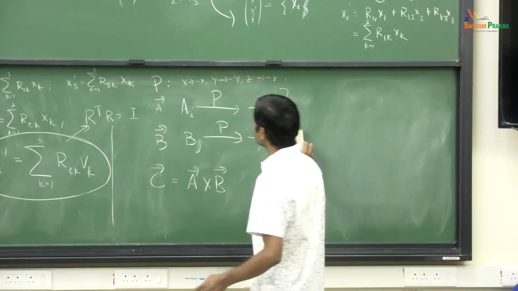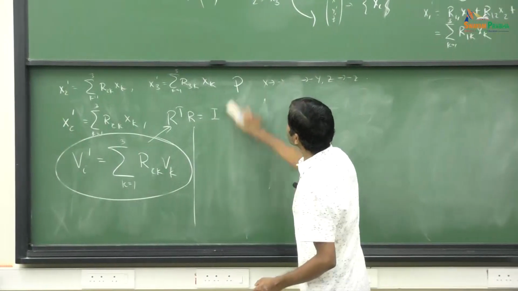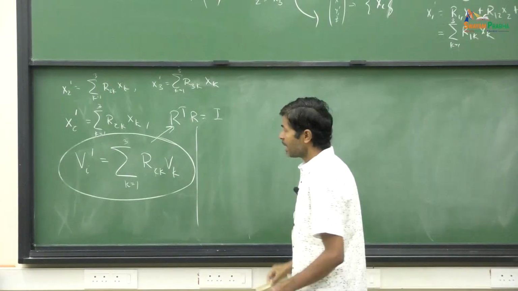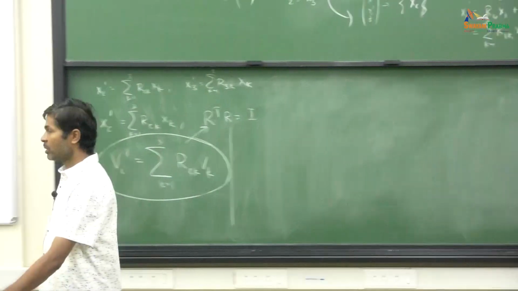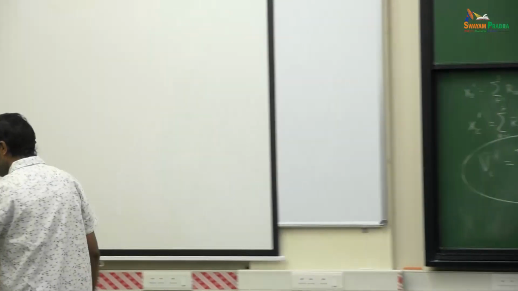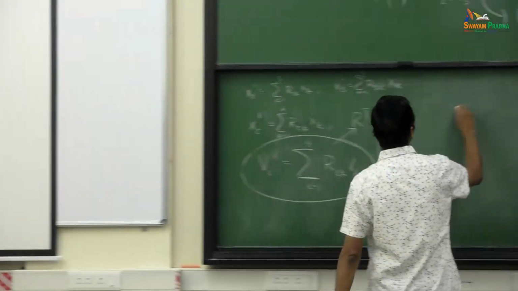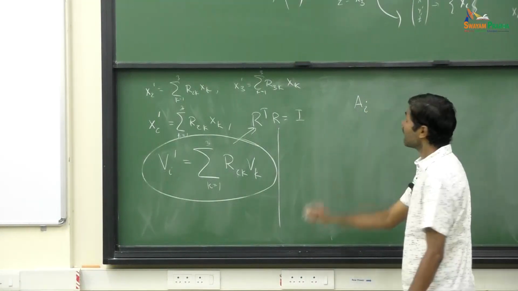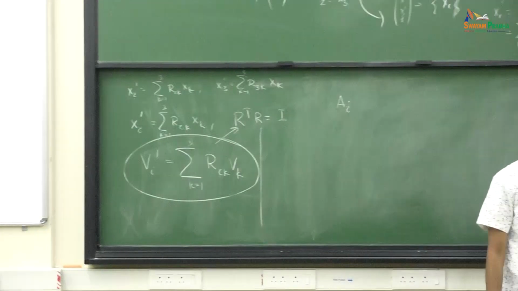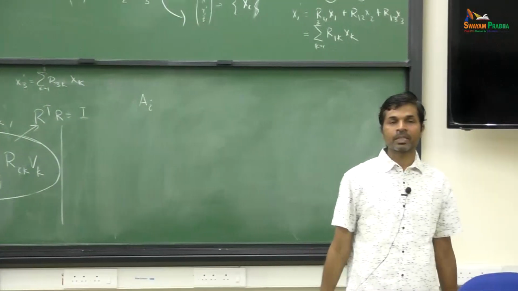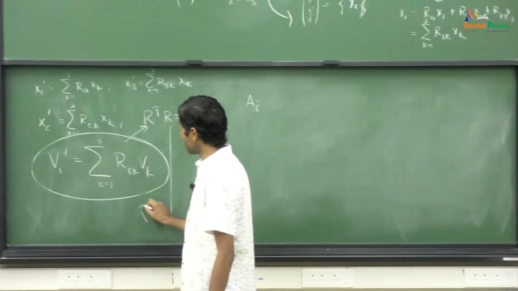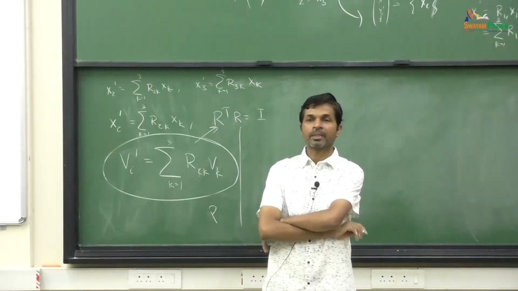But what I want to introduce is another new concept. So let us say A is a regular vector, okay? Its components are Ai. Let us not worry about the parity transformation for the time being.